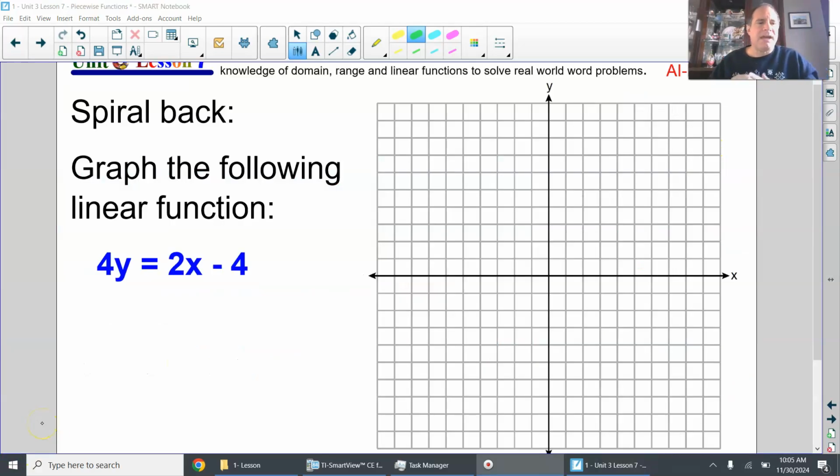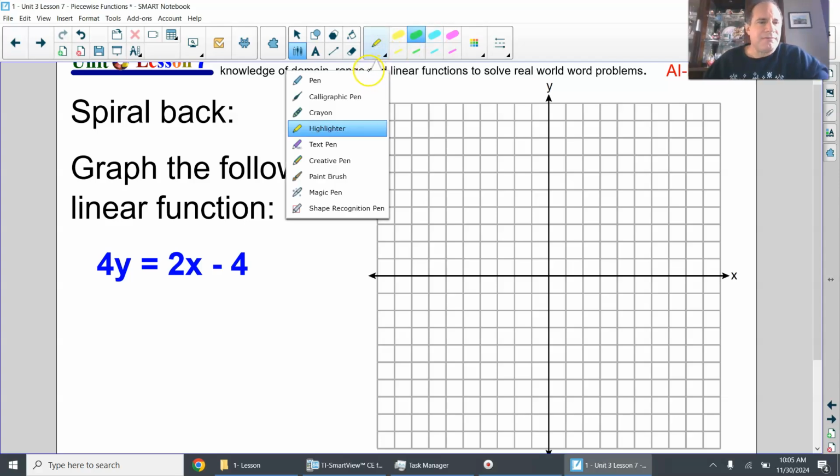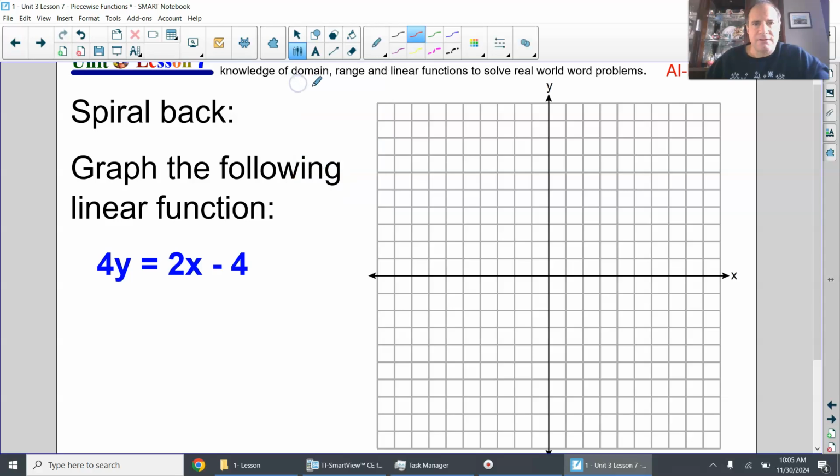We're going to spiral back for a second because we have to know how to graph a line, right? We have to remember that we could use our calculator, or we could do this by hand. So first off, you can't even use your calculator or do anything by hand yet because we have to solve for y. So let's solve for y by dividing by 4 on both sides, right? We have to get this into y equals mx plus b format.